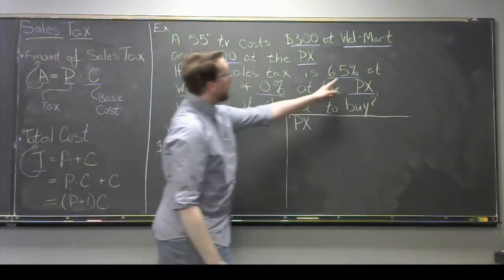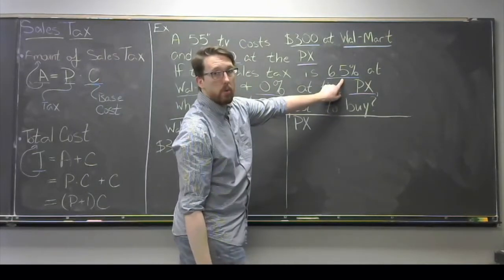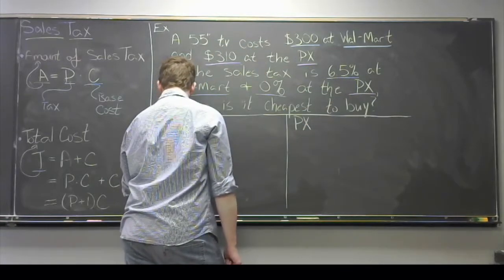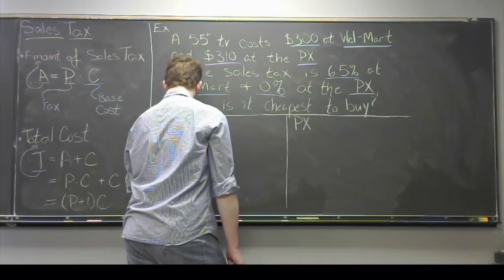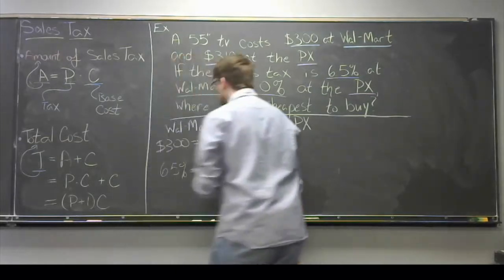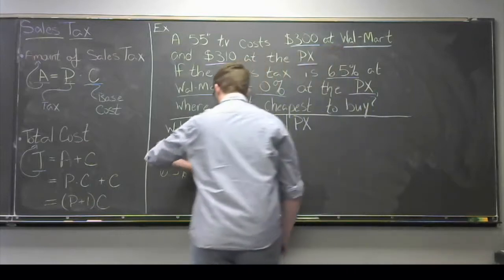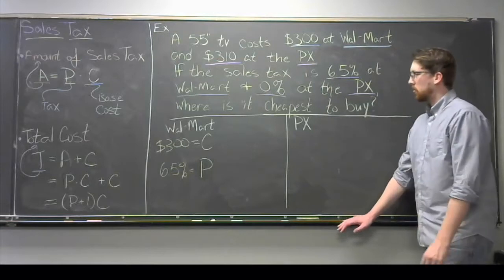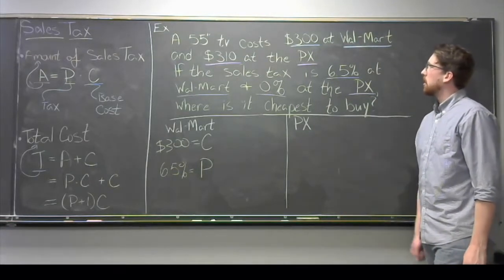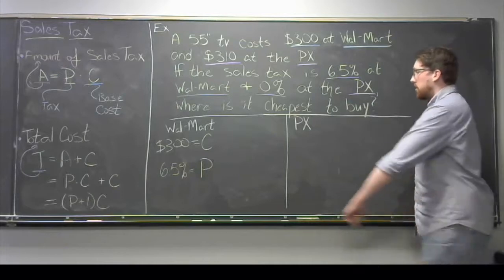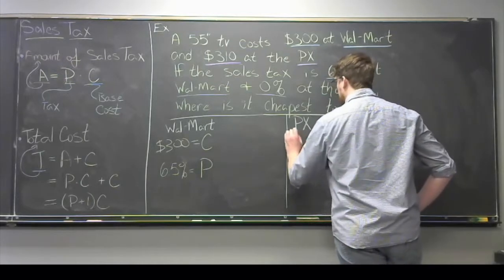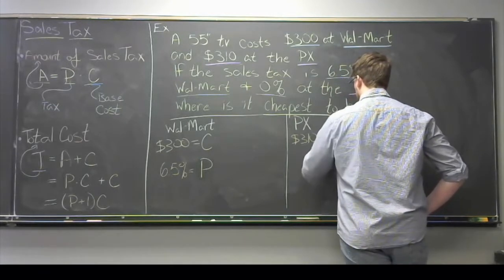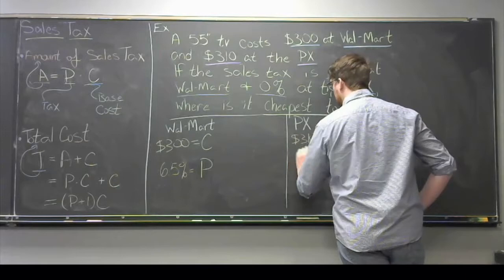And the sales tax at Walmart was 6.5%. Meanwhile, at the PX, the base cost was $310. And the sales tax is 0%.